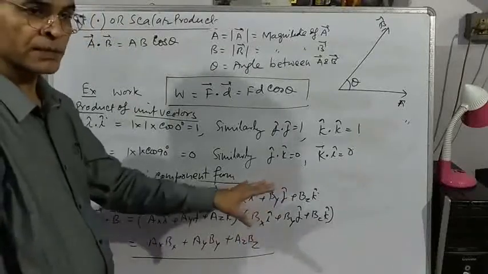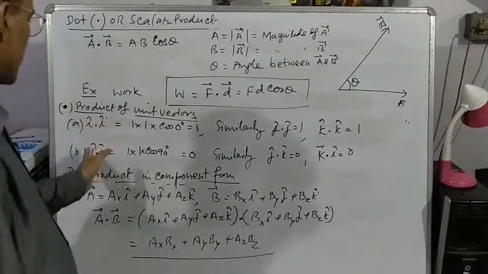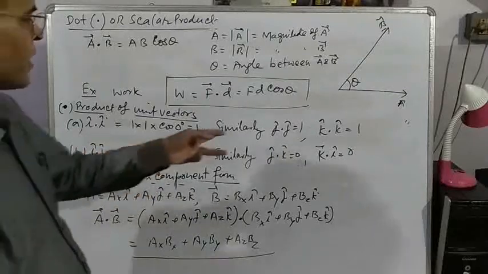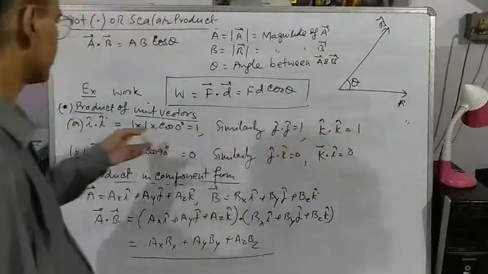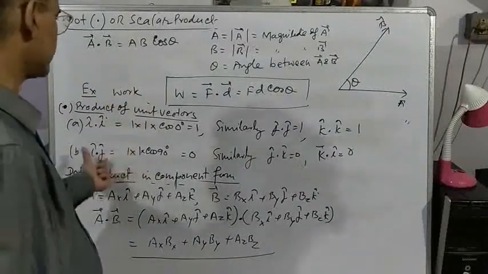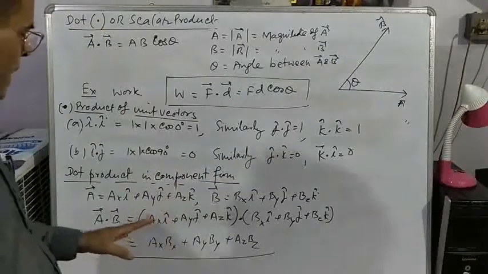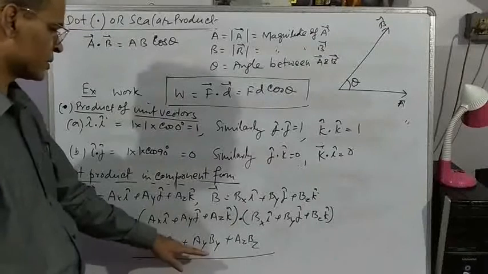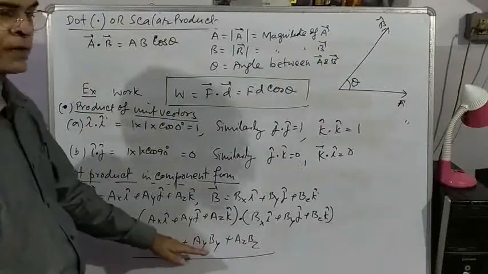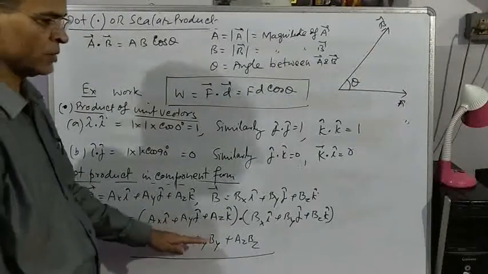During the multiplication process, you may find i dot j, j dot k like this, where you are finding these values, you put 0. Where you are finding i dot i, you put 1. And the final result will be this. So this is the dot product of two vectors when they are given in component form. This formula is quite useful. You have to keep in mind.